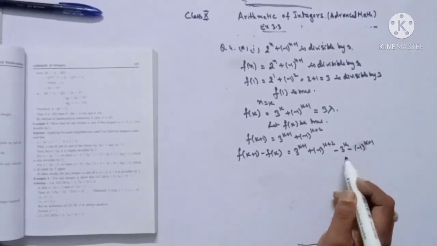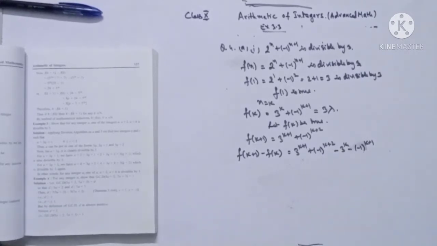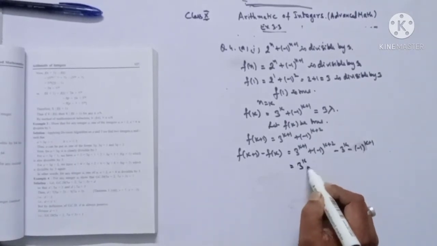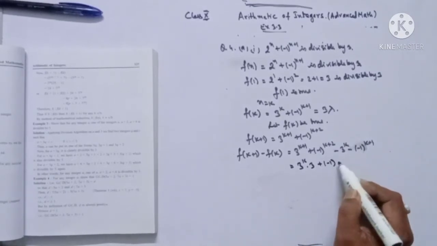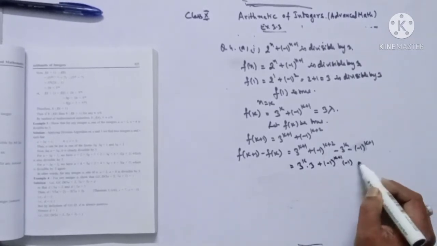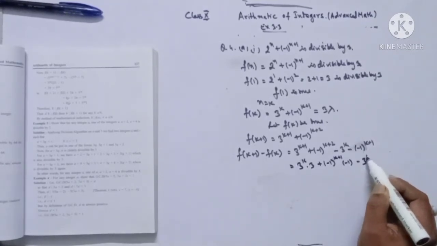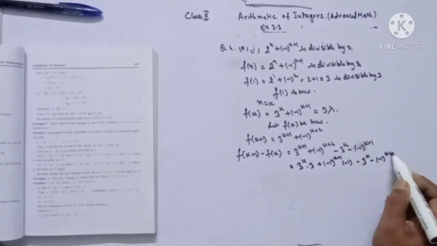So 2 to the power of k into 2, and plus minus 1 to the power of k plus 1 into minus 1, minus 2 to the power of k, and minus minus 1 to the power of k plus 1.